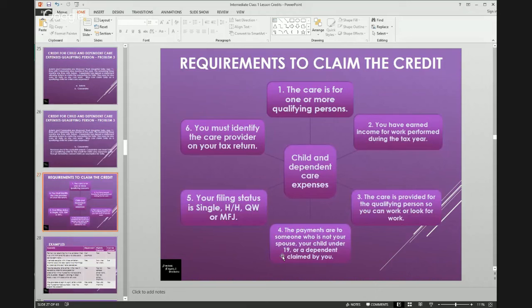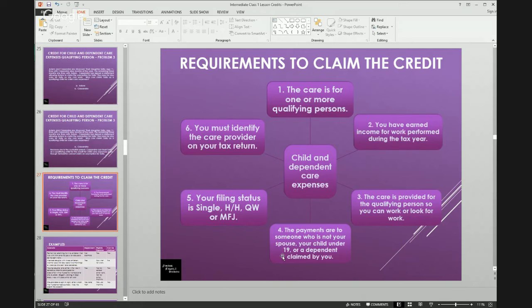So in order to be able to claim the credit, the care is for one or more qualifying people. You have to have earned income during the year. The care must be provided so that you can work or look for work, and being a student counts.